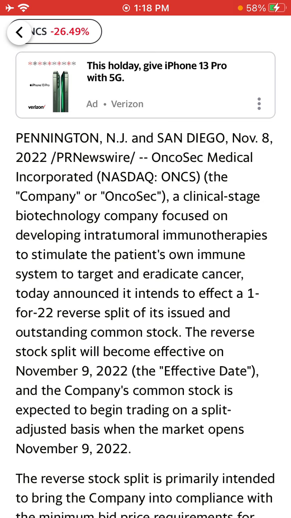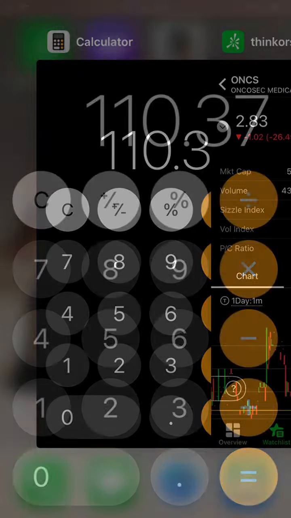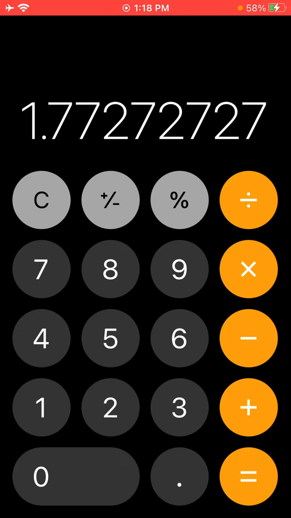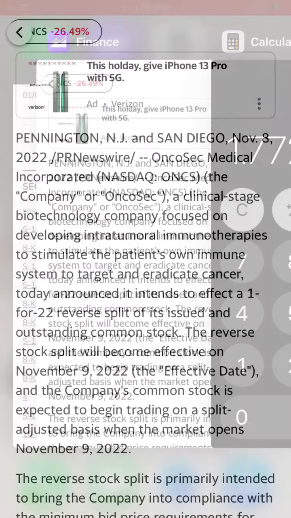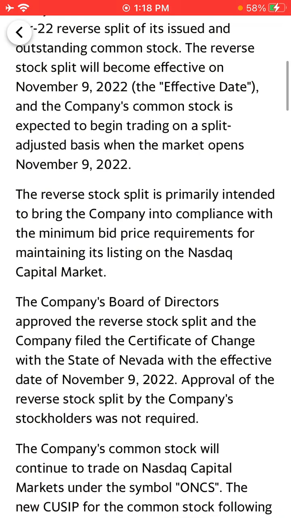If the float was 39 million and we divide it by 22, that should equal what the current float is now. So 39 divided by 22. So now the float is under 2 million, approximately 1.8 million.